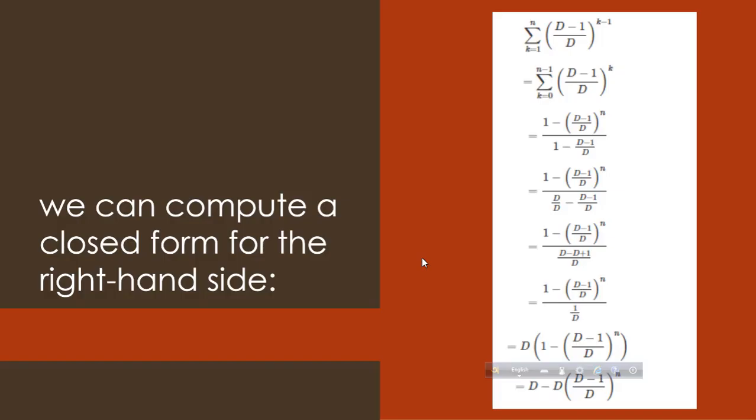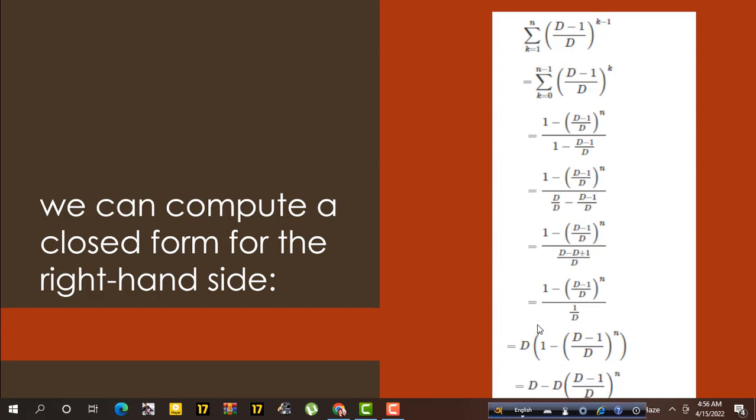We can compute a closed form for the right hand side. Here is the right hand side calculation, with k equal to 1 and then k equal to 0, and then taking the calculation we get our final result, which is d times ((d minus 1) over d) to the power n.